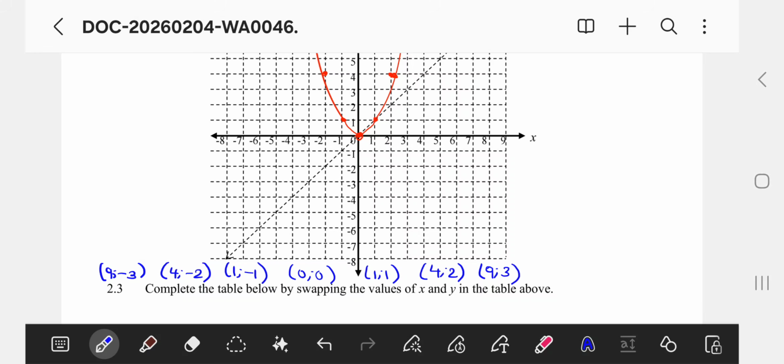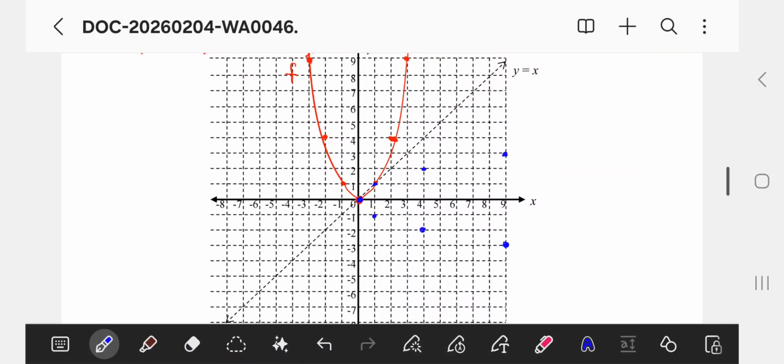9 and negative 3. So we've got a positive 9 and a negative 3, which is going to be here. 4 and negative 2, 1 and negative 1, 0 and 0, positive 1 and 1, positive 4, positive 2, and then 9 and positive 3.